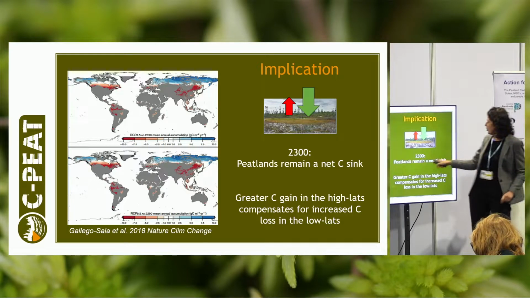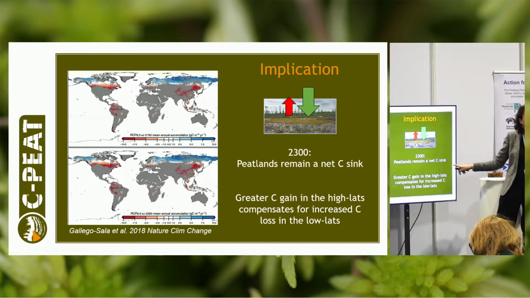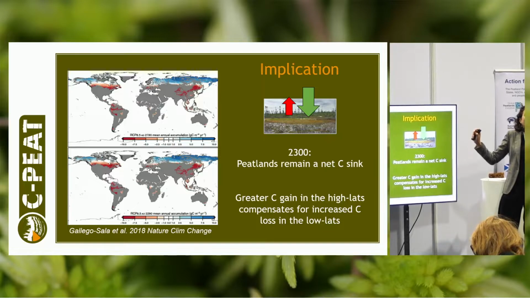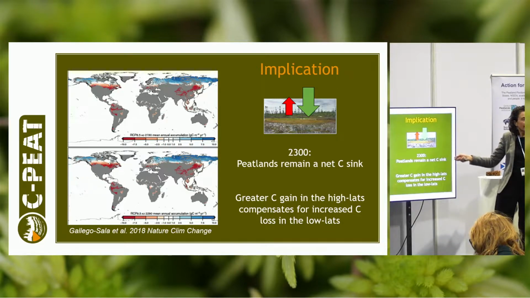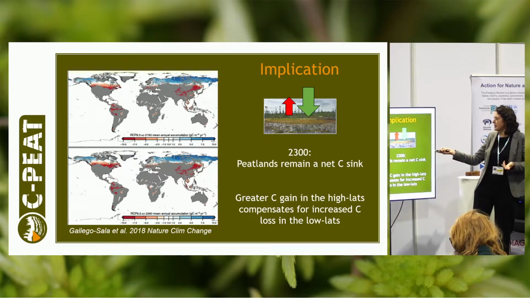So overall, peatlands do remain a net sink, but there are greater gains in the north and greater losses in tropical peatlands. This is almost a back of the envelope calculation, but it's what the records are saying so far.